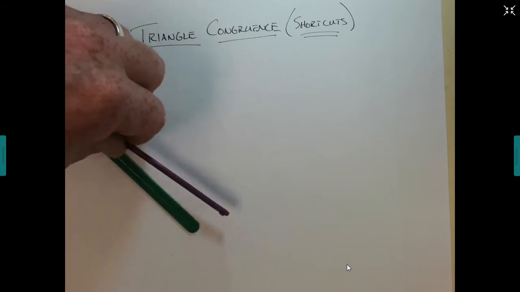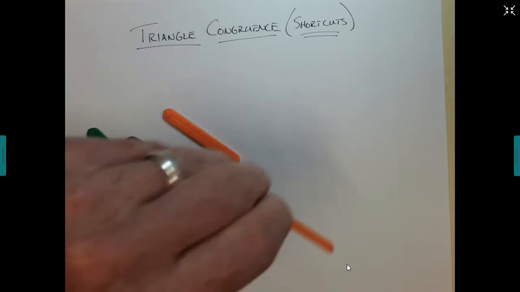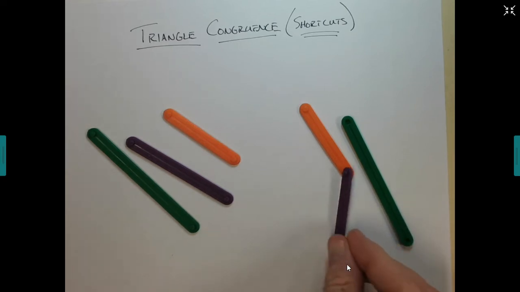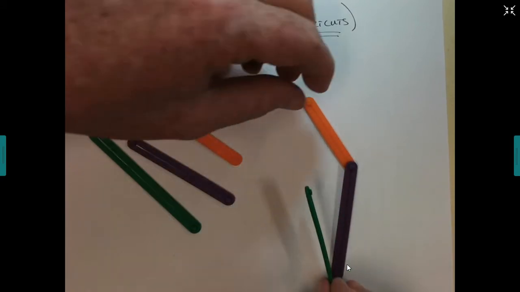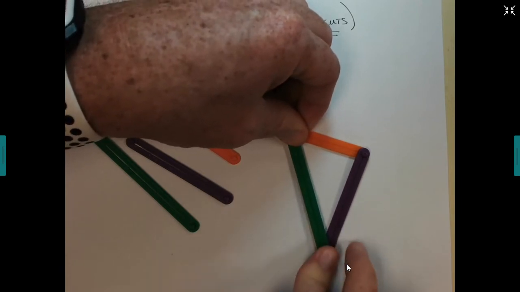Here's 3 different measurements, and I've got those same 3 measurements here. If we were in class, I would say, hey, you guys get as creative as you can. And these pieces, they snap together, and I would say, hey, make the funkiest triangle that you could make using those 3 measurements.